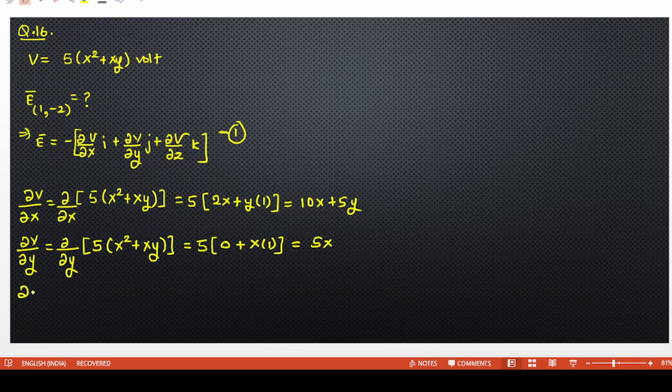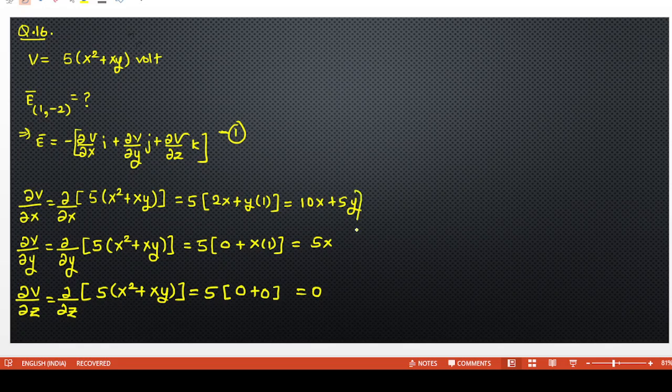And finally you have dou V by dou z, that will be dou by dou z of V. What is V? 5 in the bracket x square plus xy, 5 constant, outside derivative. x square derivative with respect to z is 0, and xy derivative with respect to z would also be 0.